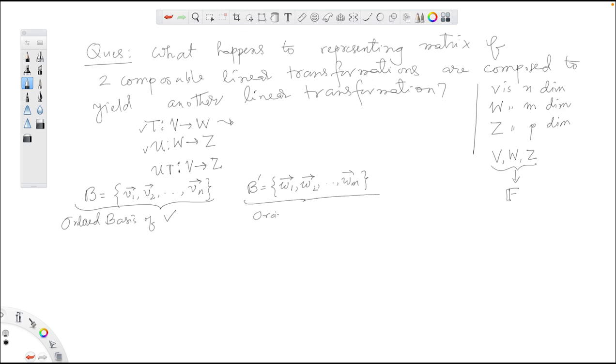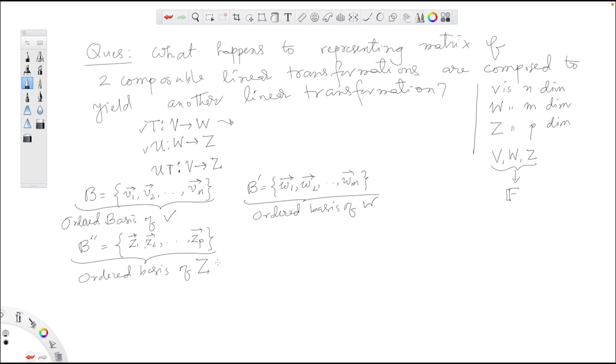Okay, ordered basis of the vector space W. And finally, we denote by B double prime the set consisting of vectors z1, z2 all the way up to zp, and this set is an ordered basis of the vector space Z, the p-dimensional vector space Z.